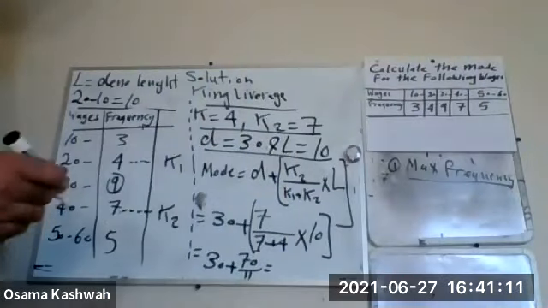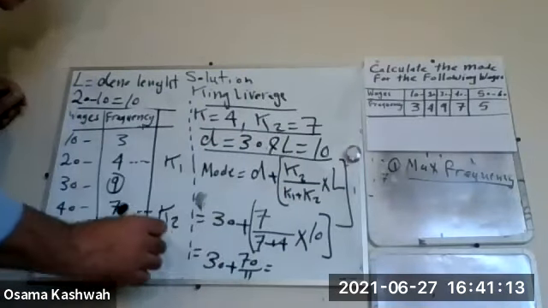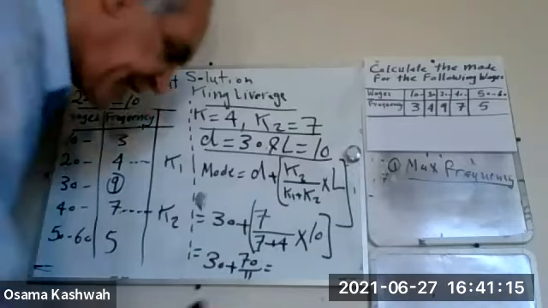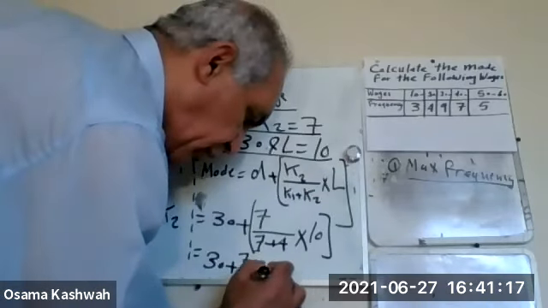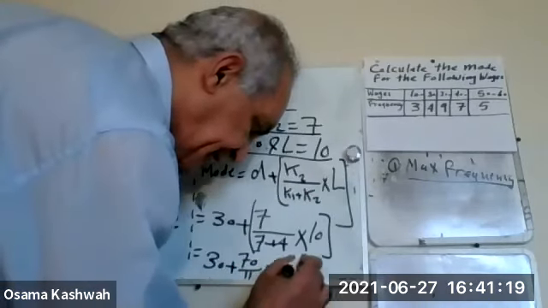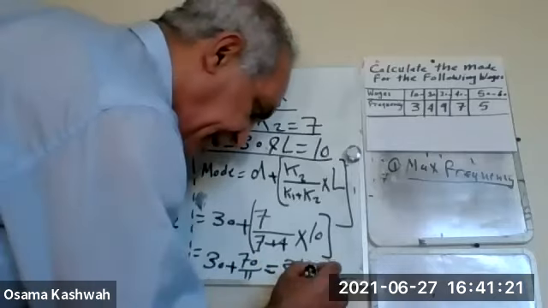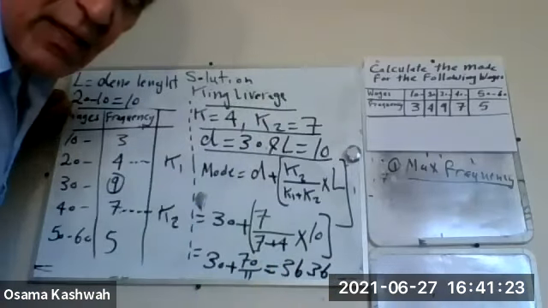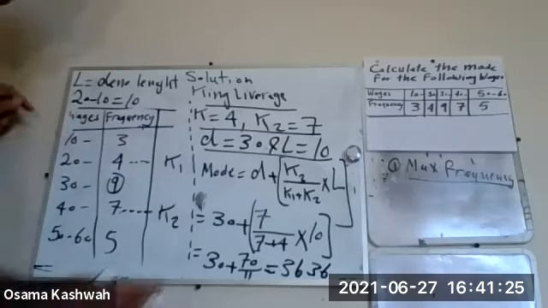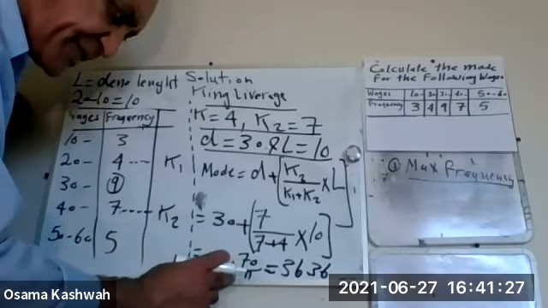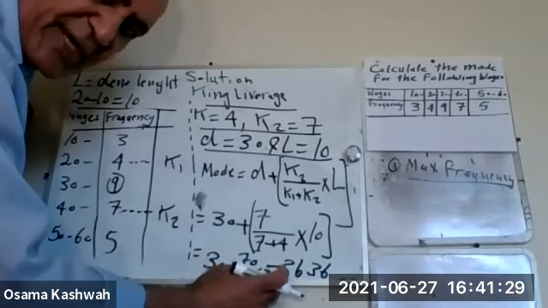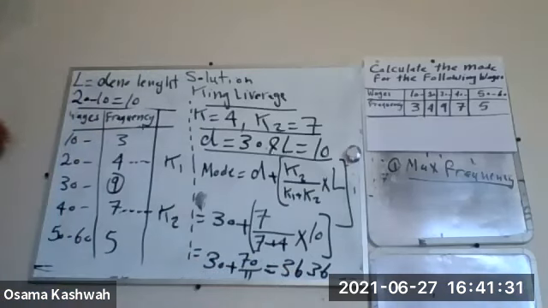So this will be 30 plus 6.36, which comes to 36.36, and this is the mode.